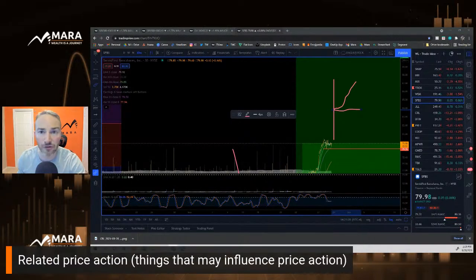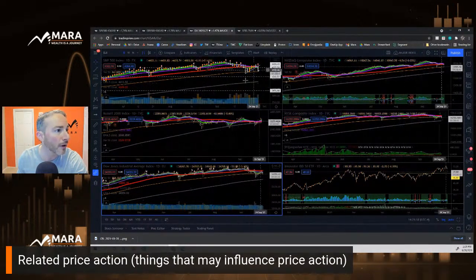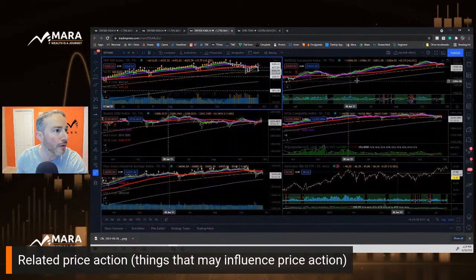Something else that we haven't touched on yet is related price action, things that might influence the price action of the market or of the stock that we're in. I'll use the market as an example. When I'm analyzing the overall market, you see a bunch of screens over here, right?